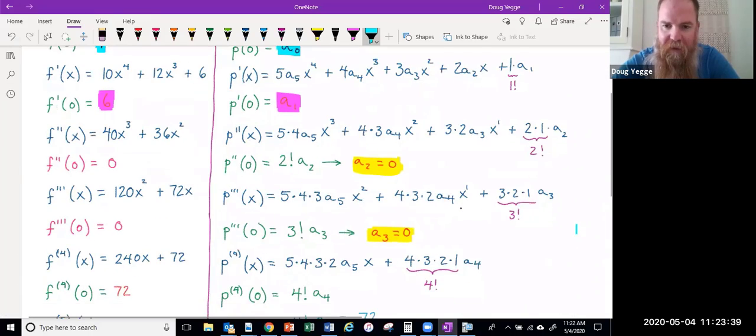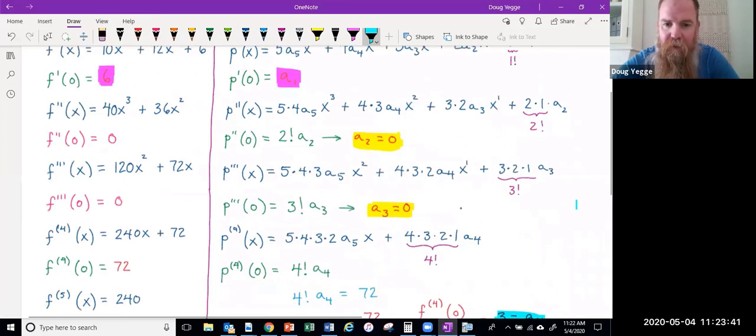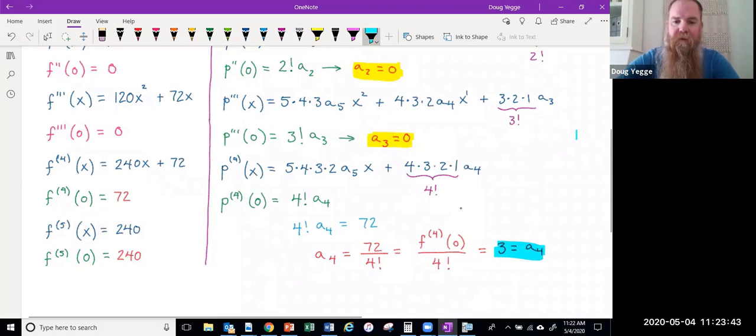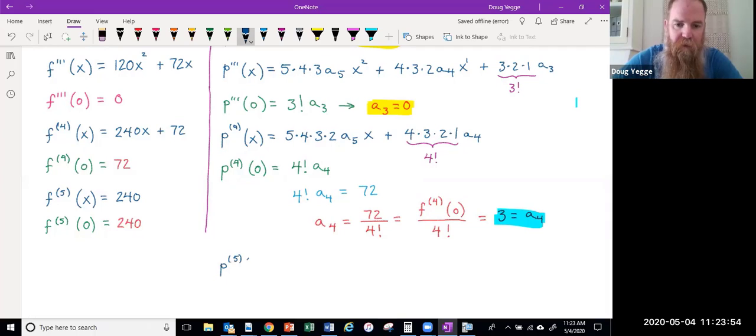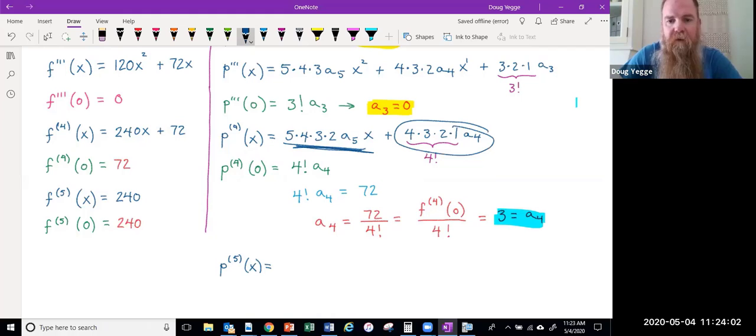So now let's go back again and let's do our last step. Our last step is to find the 5th degree term. So the 5th derivative of x. Well, notice the only term that's left is this one right here, because this is going to go to 0.